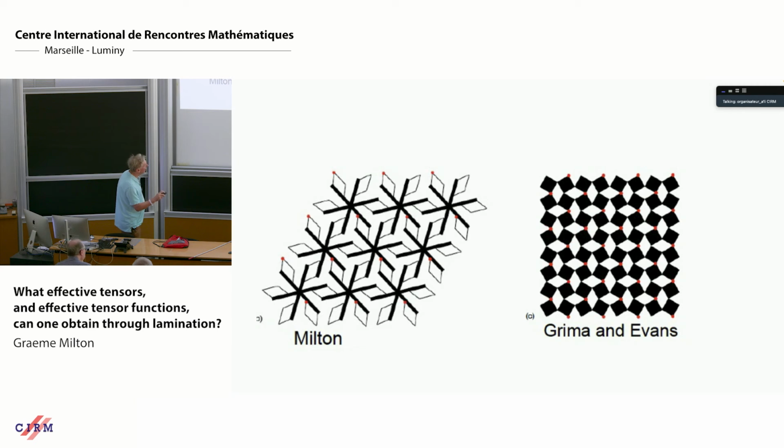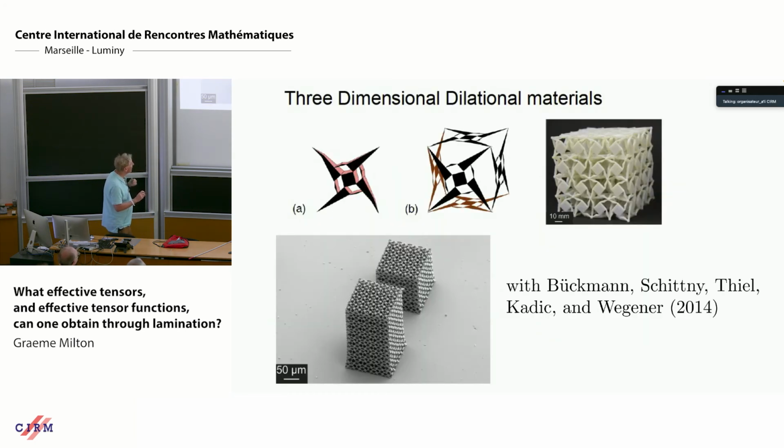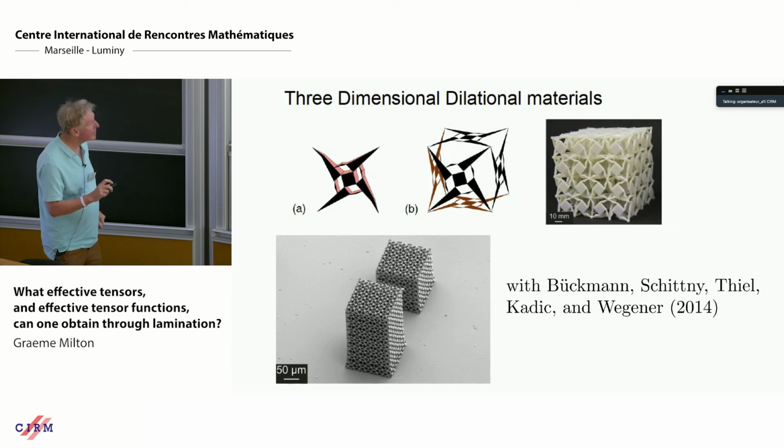Again, the only easy way of deforming it, so the black squares are rigid materials, the white material is something very compressible, and these act as hinges, basically. And so the only easy deformation there is one of dilation. And then I thought, oh, well, this is surely a material that can't be achieved by a laminate type construction. And then, okay, I'll get back to that.